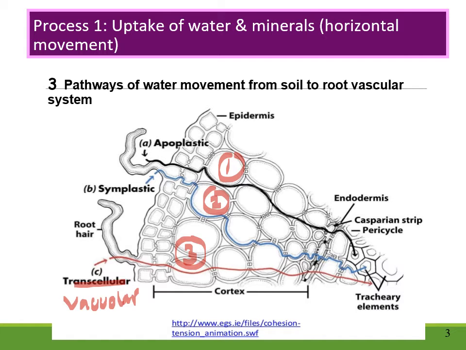Here the water will move from the cell wall across the cell membrane, cytoplasm, across the tonoplast into the vacuole of a cell, then is transferred from vacuole to vacuole of neighboring cells. Movement of water involves the apoplast and symplast pathway.